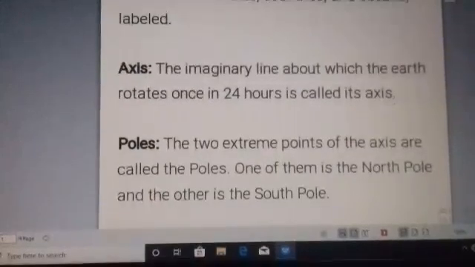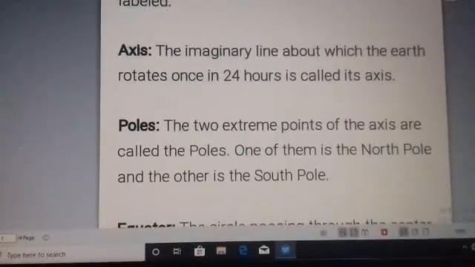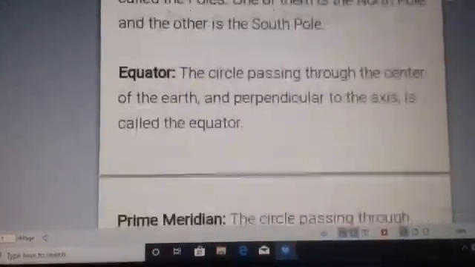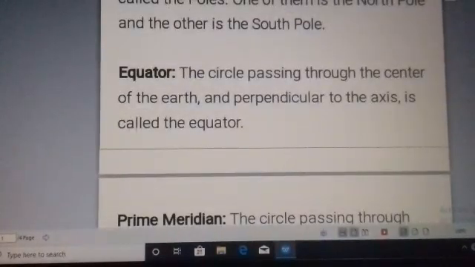Next is poles. The true extreme points of the axis are called the poles. One of them is the North Pole and the other is the South Pole. Next is equator. The circle or the imaginary line passing through the center of the earth and perpendicular to the axis is called the equator.